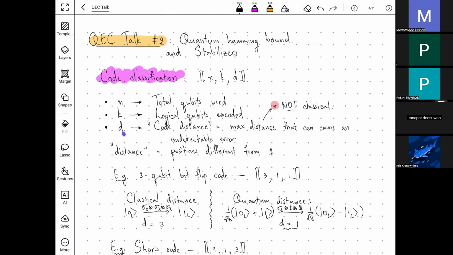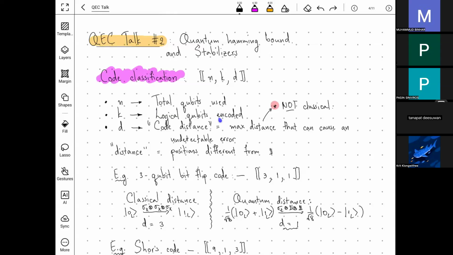And d is the code distance, which is not the same as the classical one. Classically, the code distance is defined to be the number of operations or errors needed to go from one code word to another.